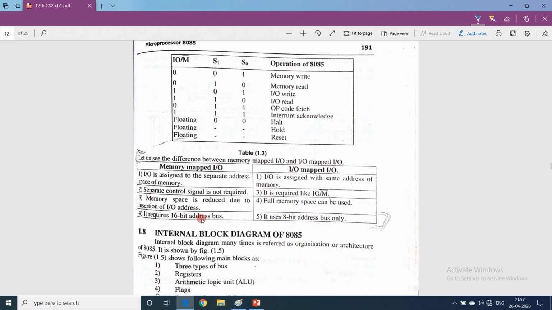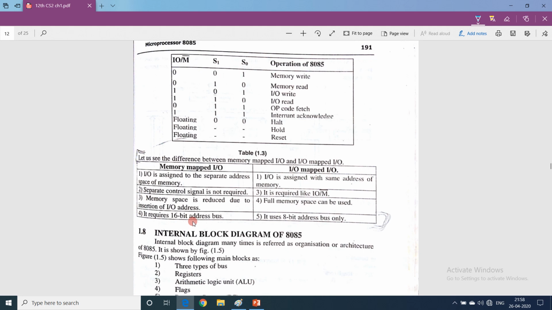Memory mapped IO requires a 16-bit address bus, and IO mapped IO uses an 8-bit address bus only. It requires a 16-bit address bus to locate one particular input output device, while the other uses an 8-bit address bus only, like one 8-bit can be used with the data bus.